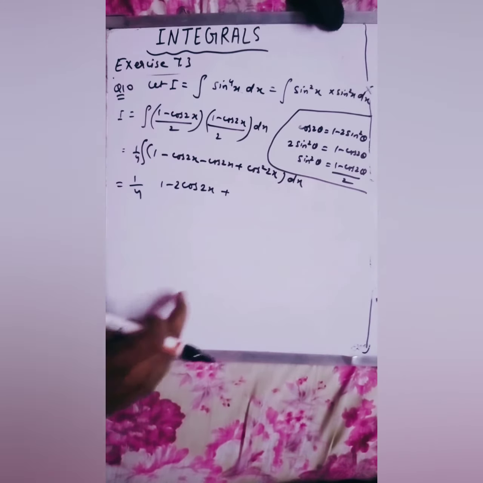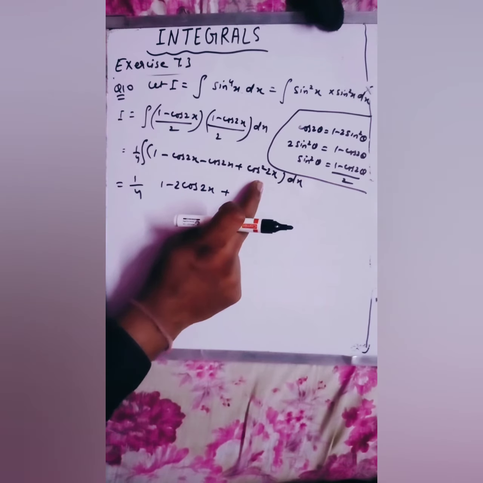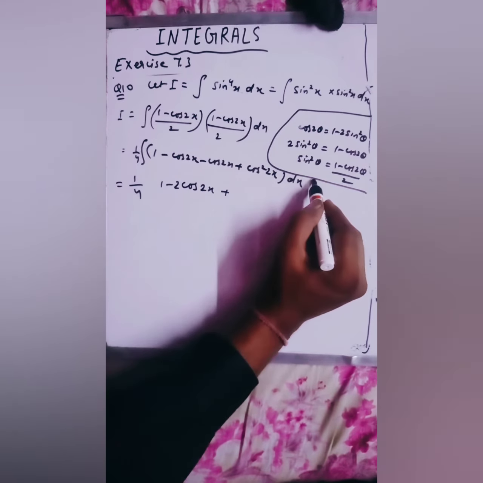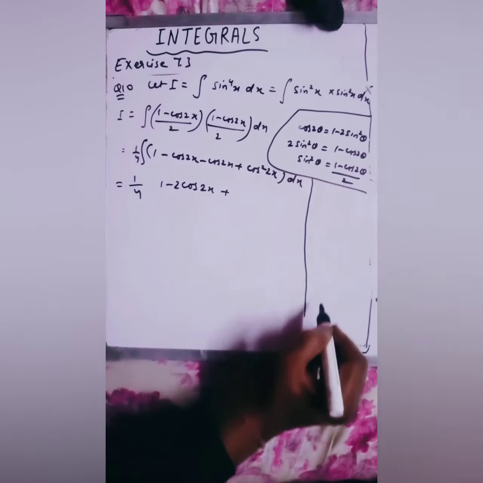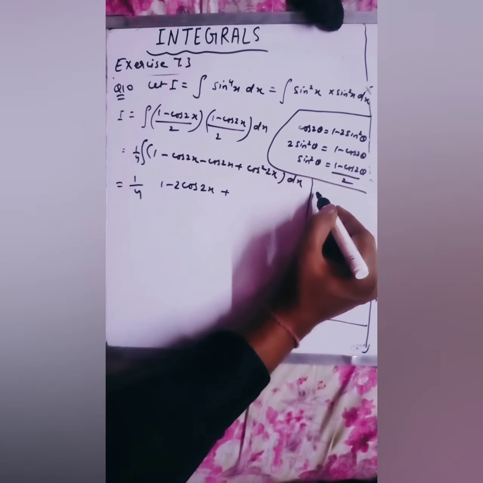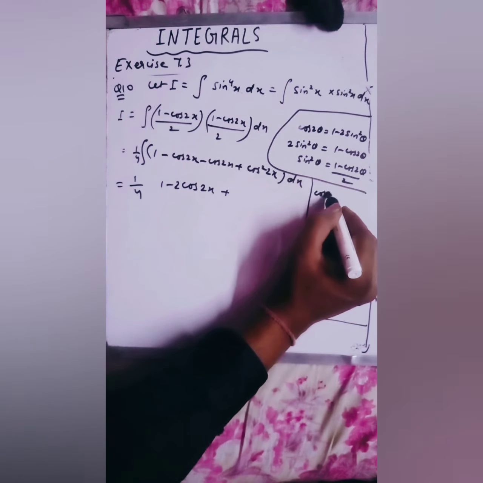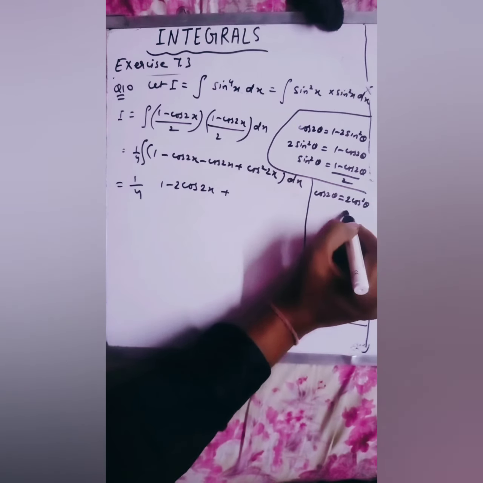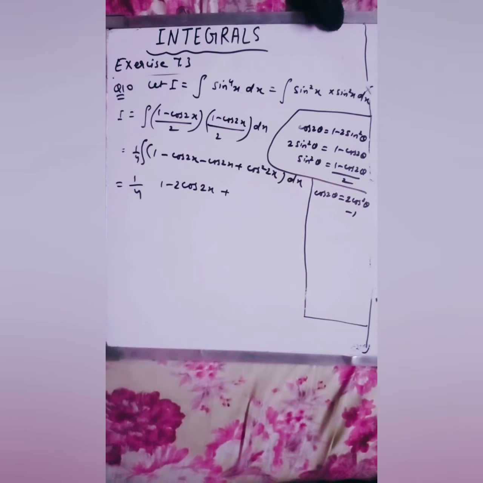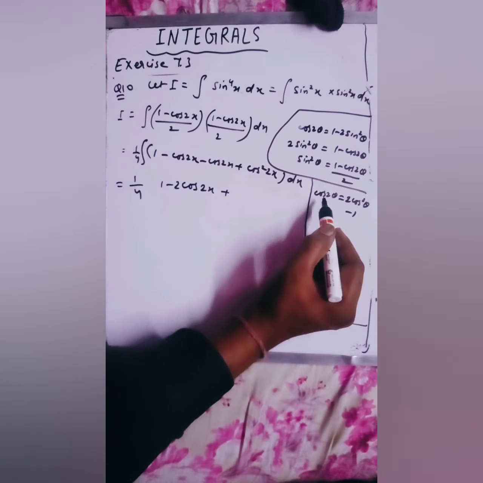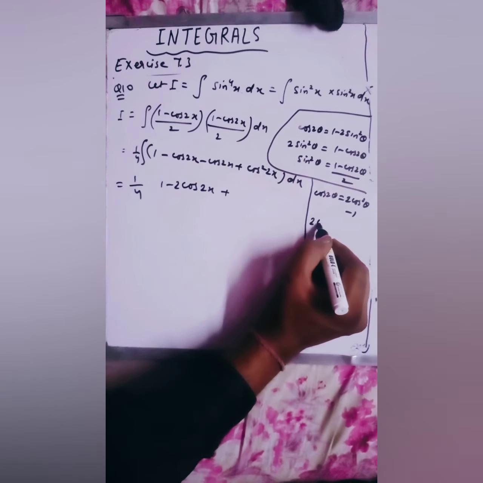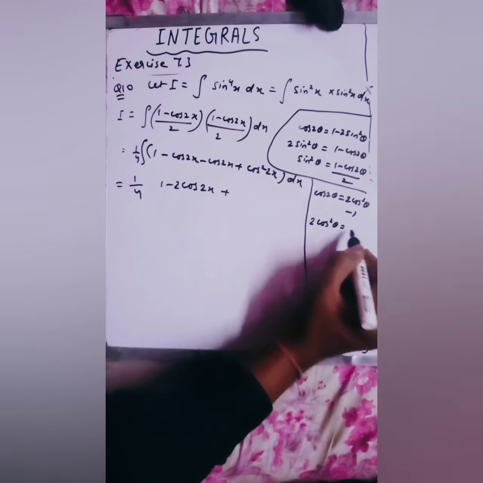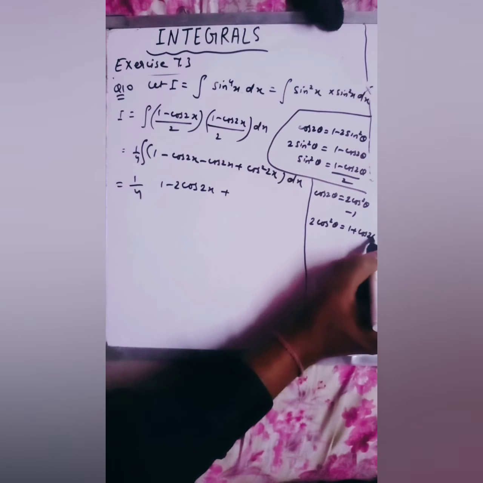Plus, now in place of this cos square 2x you can apply another formula, so I'm writing this formula here. As you know that cos 2 theta would be 2 cos square theta minus 1. Then you have to bring this 1 here, and you will get 2 cos square theta is equal to 1 plus cos 2 theta.